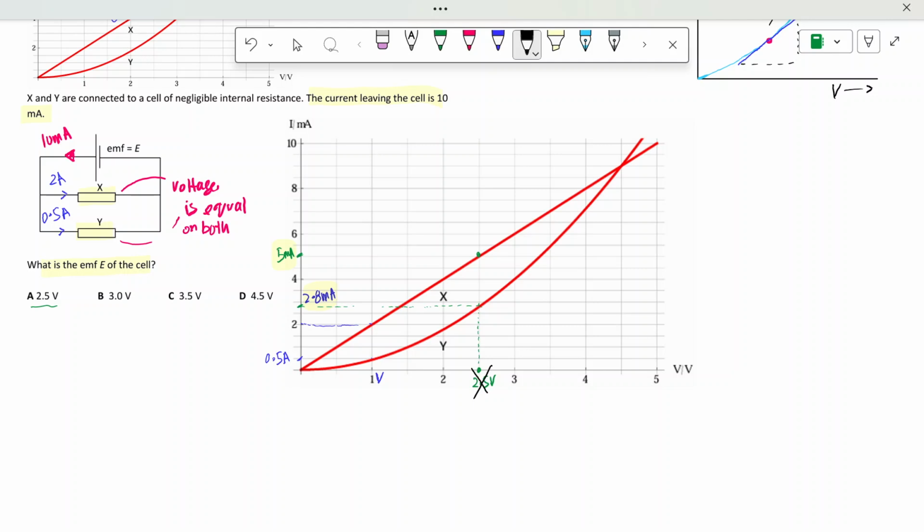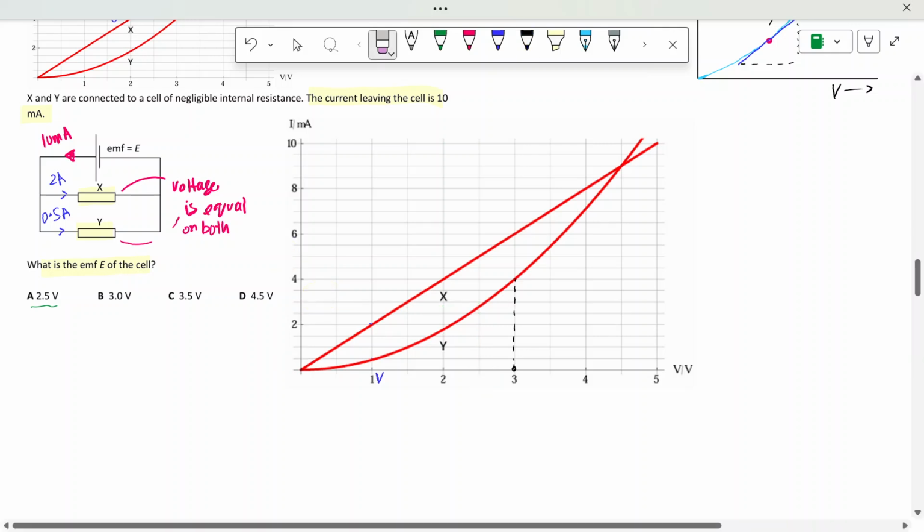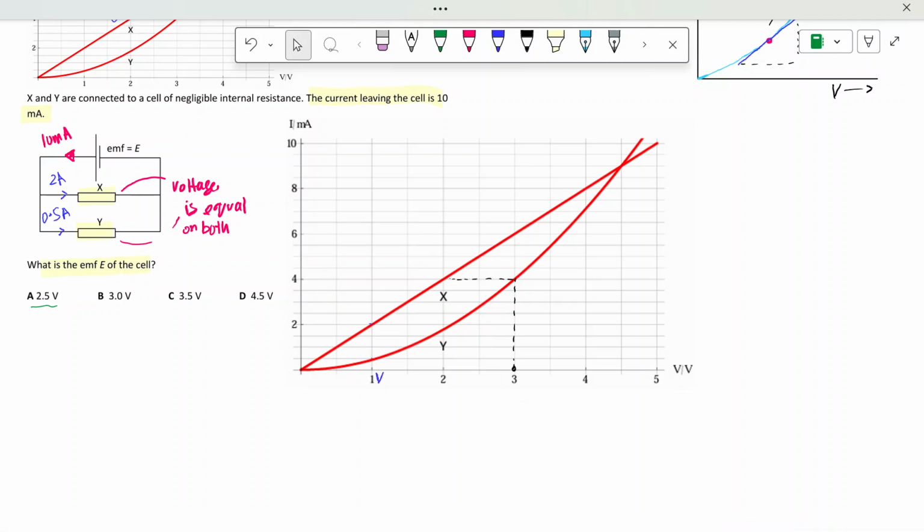What about 3 volt? Let's assume the voltage on both of them is 3 volt. At 3 volts, kindly check that the current through Y is 4 milliampere, and the current through X, which is the ohmic resistance, is 6 milliampere.